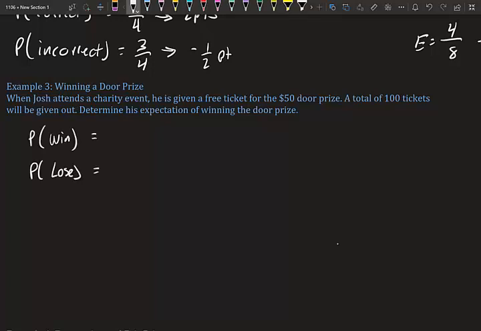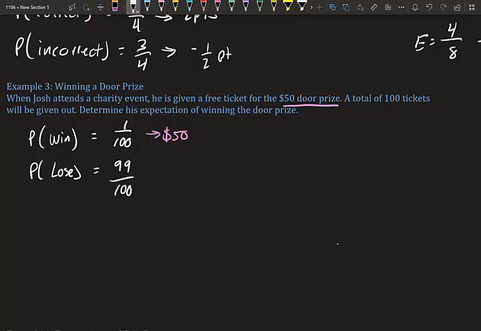So if there's a total of 100 tickets, and he only has 1 ticket, it's 1 out of 100. And if he wins, he gets $50. Now, the probability of losing is 99 out of 100.